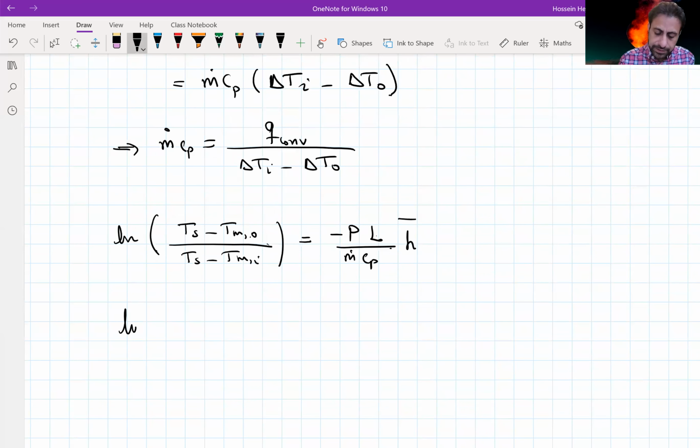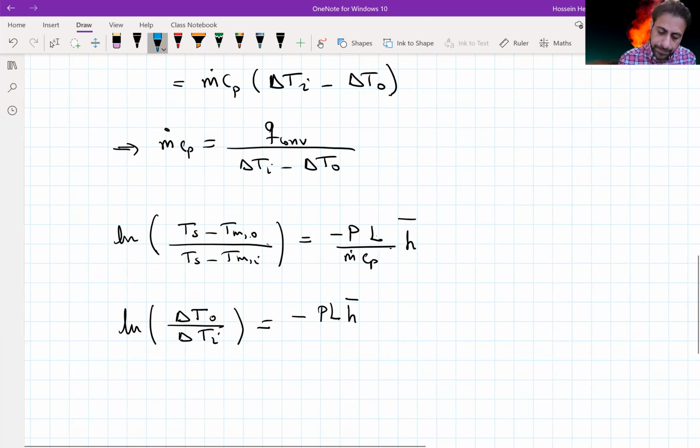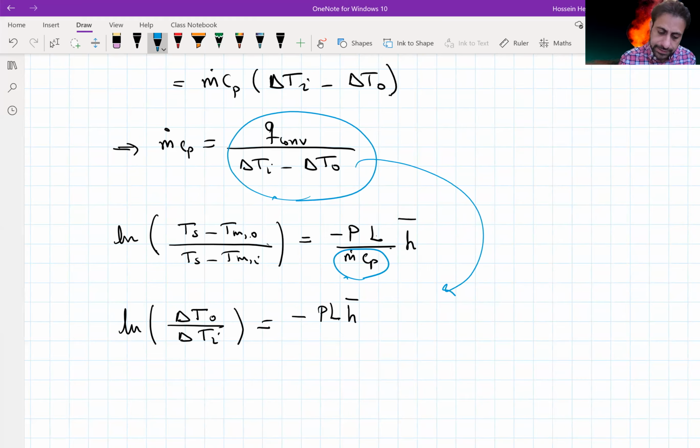Now this is going to be the natural log of delta To divided by delta Ti. And for the right hand side, I'm going to have minus P L h average, and instead of m dot Cp, I'm going to replace its equivalent from this equation. So we're going to have Q convection, and here we're going to see (delta To minus delta Ti).